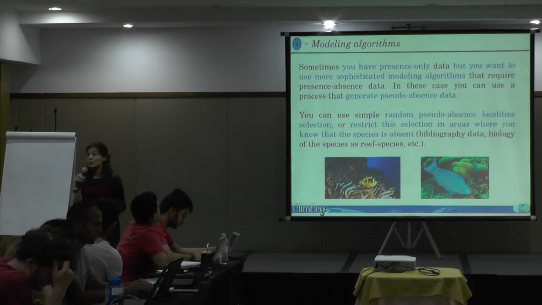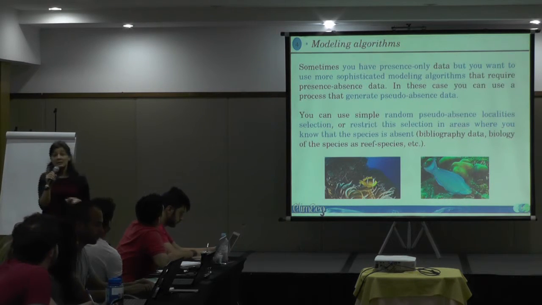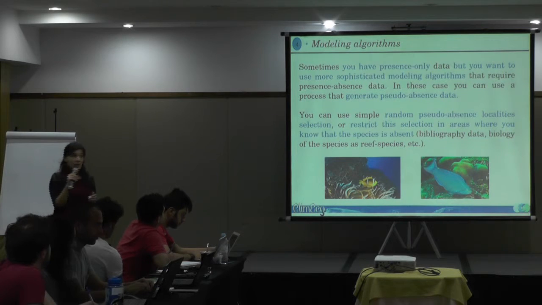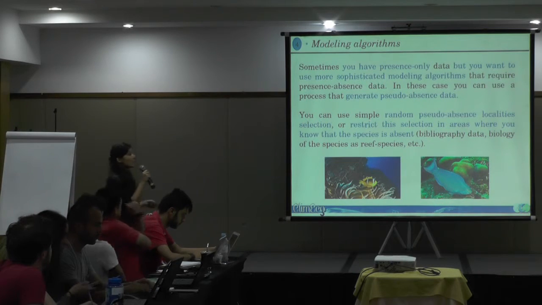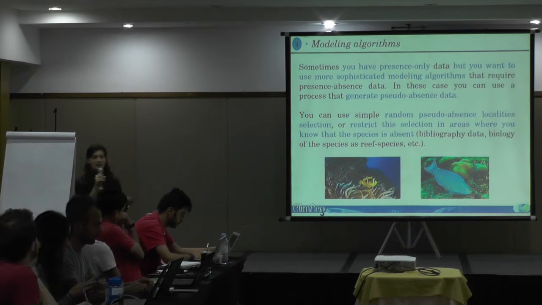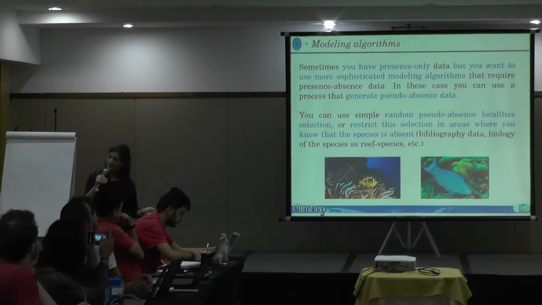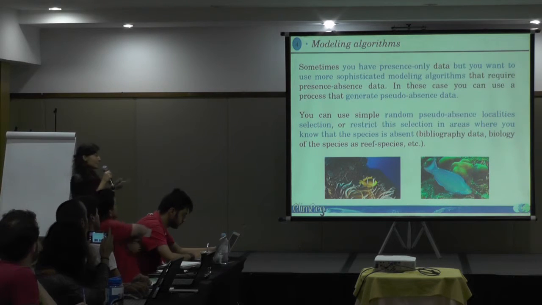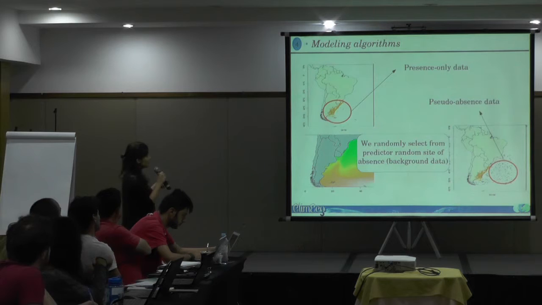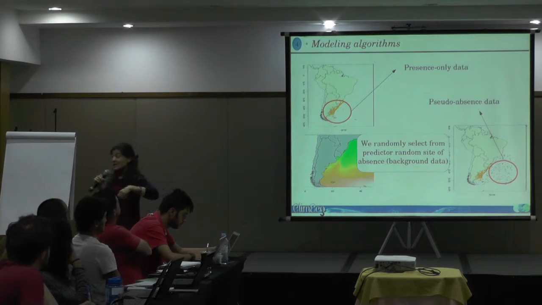So sometimes we want to randomly generate absence. Sometimes you can do this in a really good way because, for example, the biology of the species is really clear. For example, coral reef species are only in coral reefs, so you can generate absence outside the coral reef. But Maxent uses random generation of pseudo-absence data in the background.